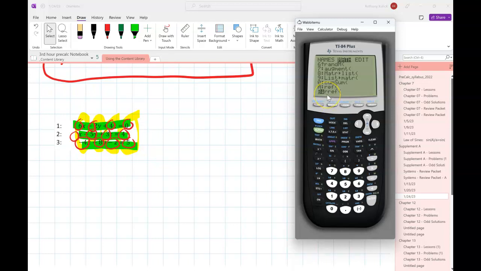Make sure you take RREF and not just REF. And then I'm going to do this RREF on matrix A. So I'll go back to the matrix. From the Names tab, I'm going to select that matrix A that we just created, close my parenthesis, and press enter.